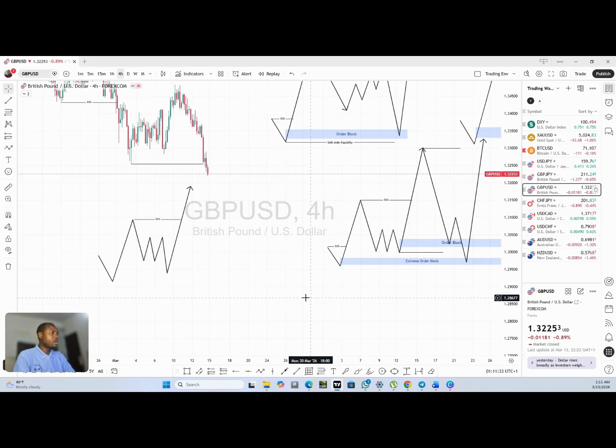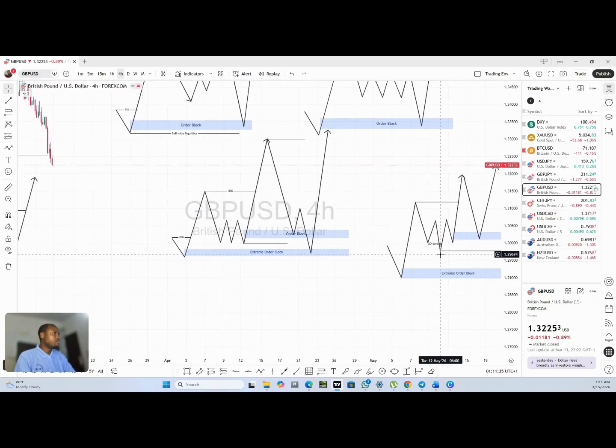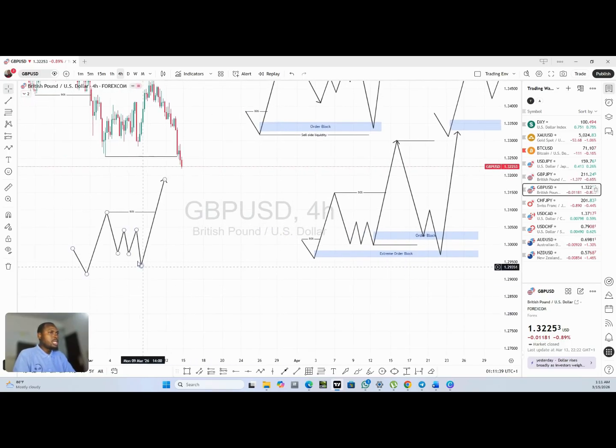So in this scenario, as you can see, this one is the middle one that clears a liquidity, but in this case it is the third one that clears a liquidity.